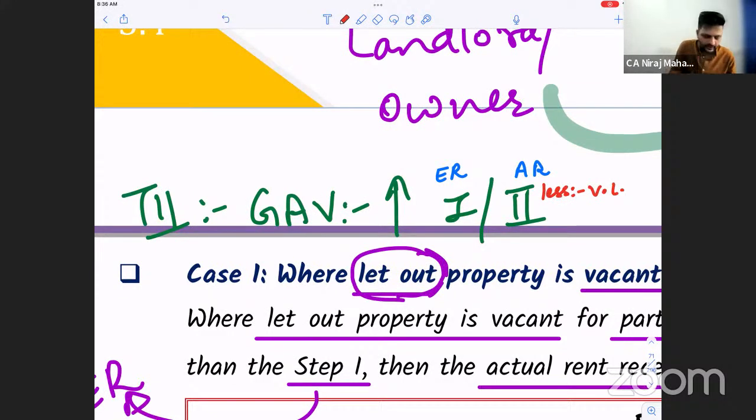I'm writing VL, okay? Temporarily, I'm writing vacancy loss. Is it okay, everybody?